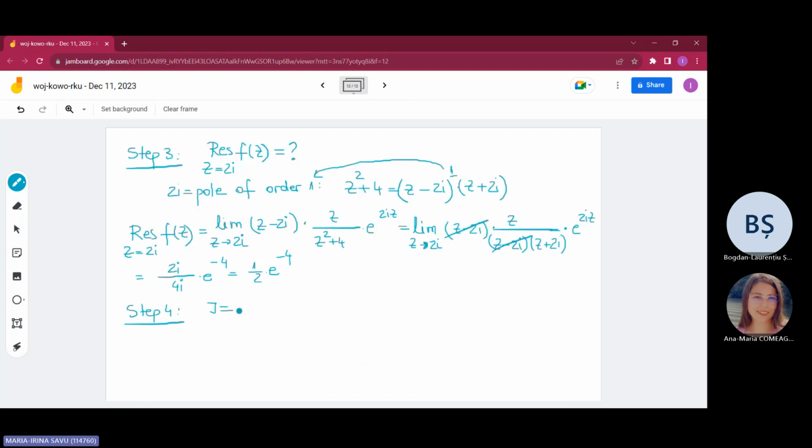So this I here, I'm going to write in this way, is the imaginary part of 2 pi i times this, and the imaginary part is this one. Okay, so I has this value, which is a real value.